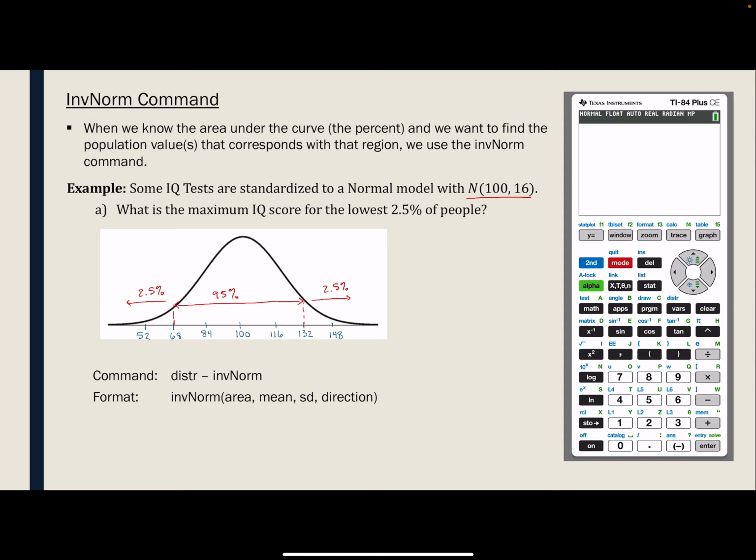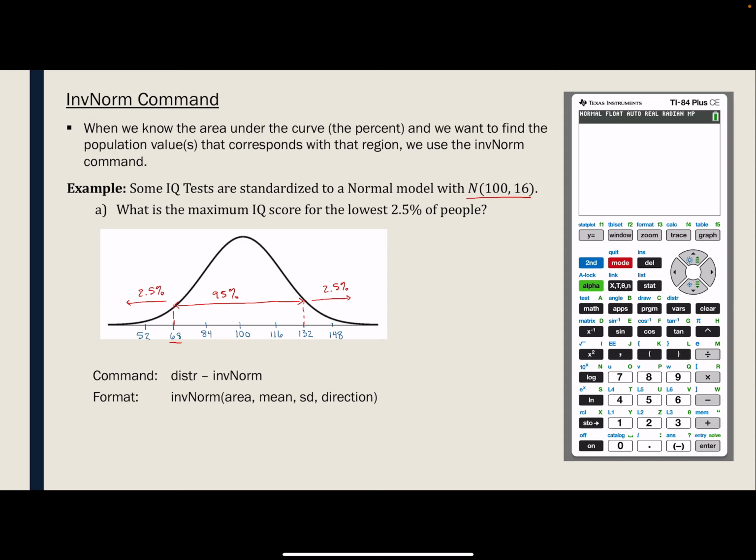So right now I'm just using the empirical rule to answer this question, and I know that the answer is 68, that the lowest 2.5% of people here, the highest IQ score that encompasses that region is 68. But I don't always want to go through all of that work, and it's actually much easier to do on your calculator.